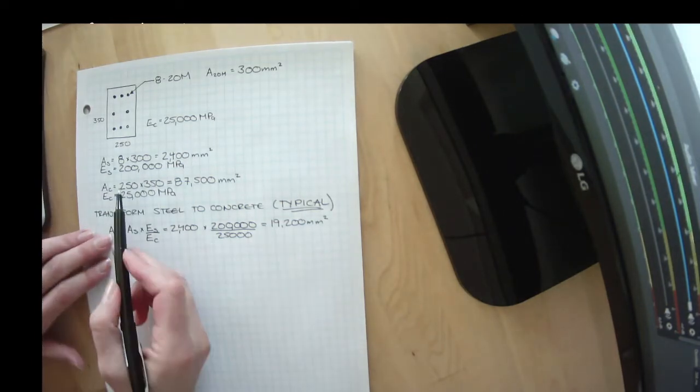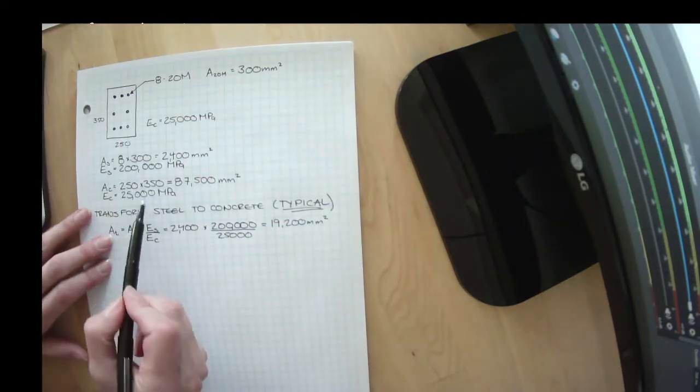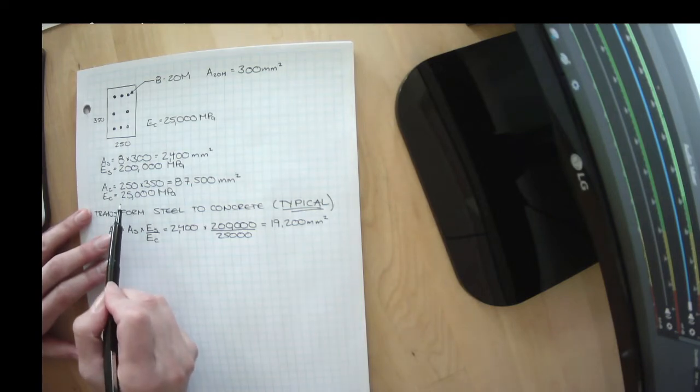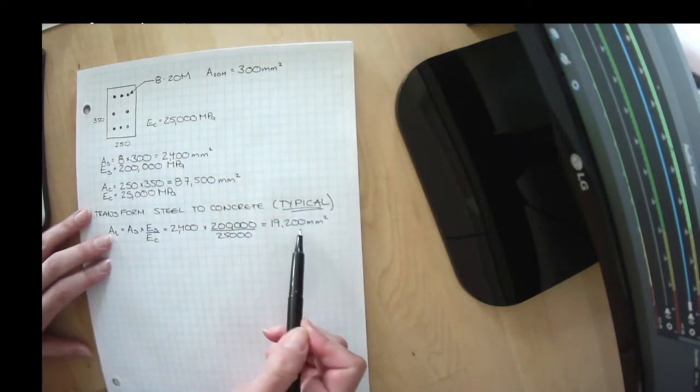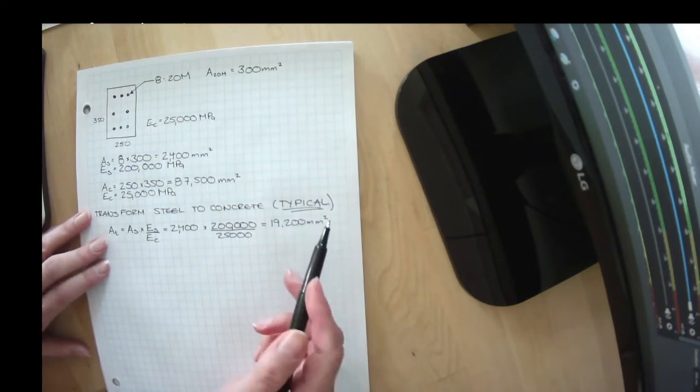So if we wanted to pretend our steel had an E that matched concrete, we would need 19,200 millimeters squared of it.